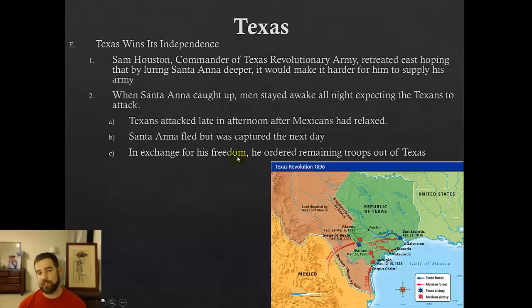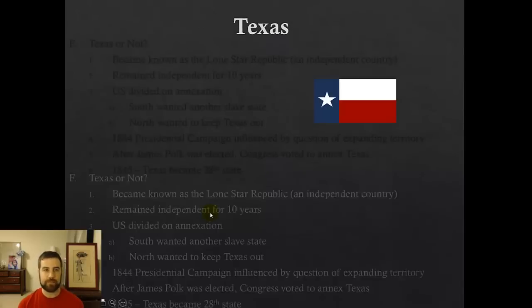The next day General Santa Anna is going to be captured, and in exchange for his freedom, he promises to order all the troops out of Texas and to allow the Texans to have their own nation, the Republic of Texas, even though it's not an official treaty, because then we'll find out the Mexican government's not going to honor this deal that was made between the Texans and General Santa Anna.